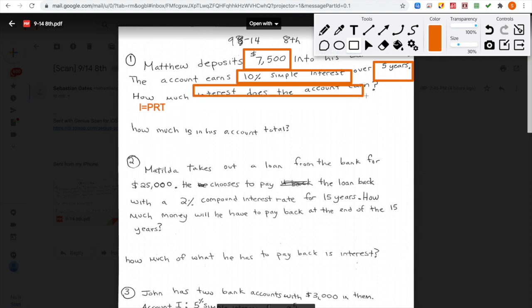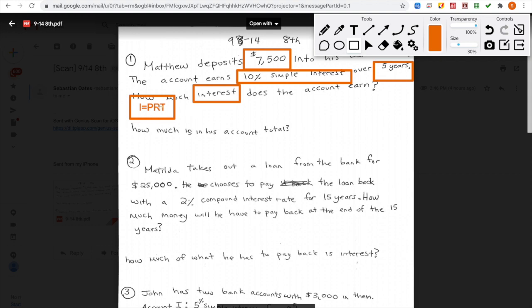How much interest does the account earn? So the question is asking us to find interest. And if we look at the formula PRT, this answer will give us the interest. So I don't need to do anything else after using this formula.